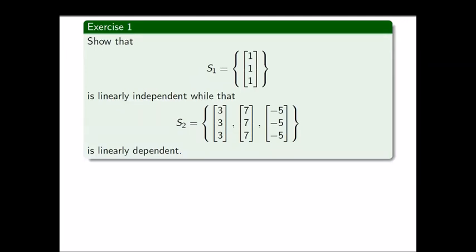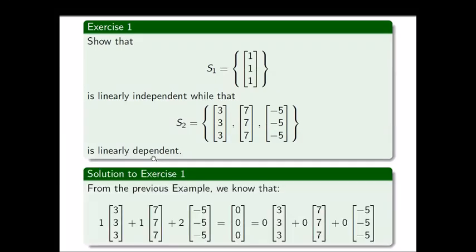We want to show that the set S1 given by just the vector (1, 1, 1) is linearly independent, while the set S2 given by the vectors (3, 3, 3), (7, 7, 7), and (-5, -5, -5) is linearly dependent. First, we'll work with S2.